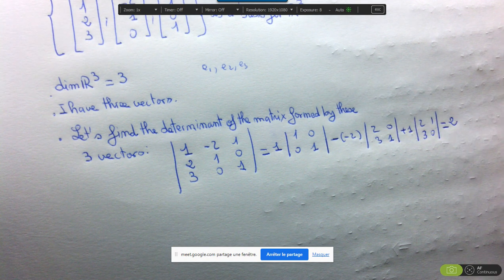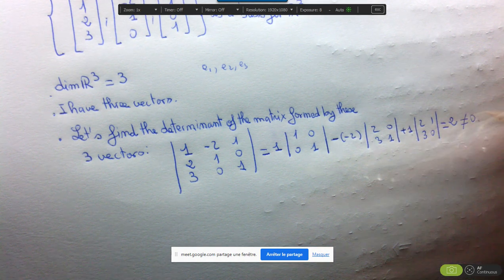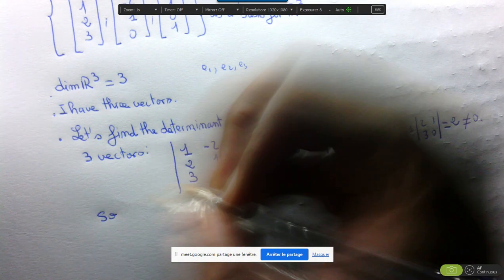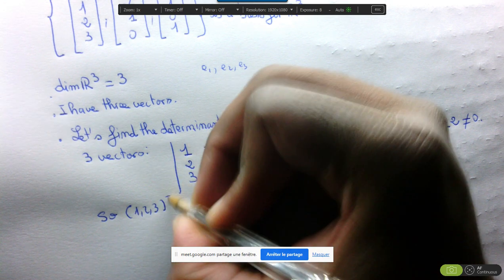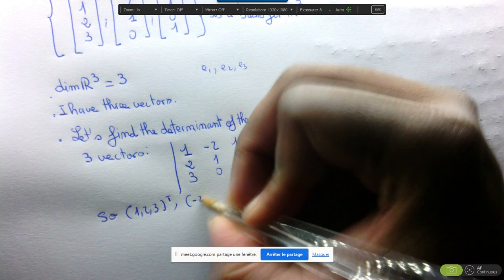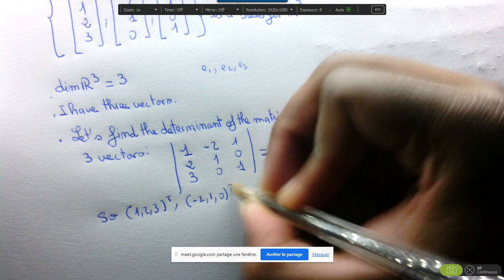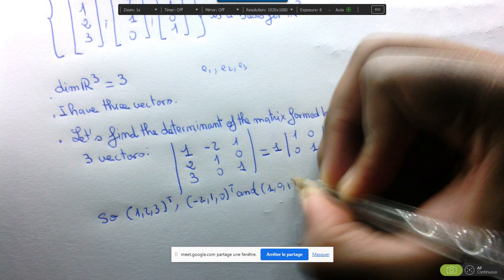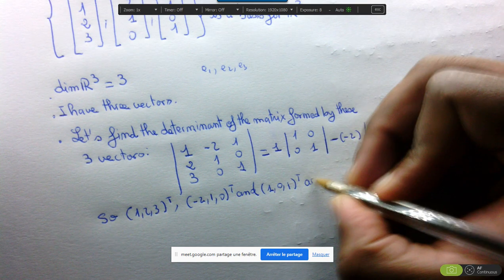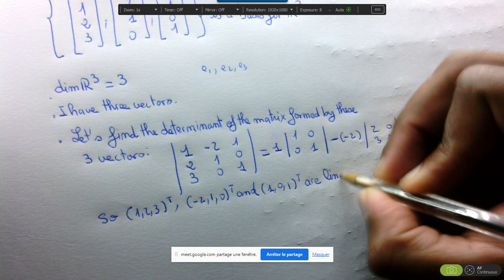So 2 is not equal to 0. So those vectors (1, 2, 3), (-2, 1, 0) and (1, 0, 1) are linearly independent.